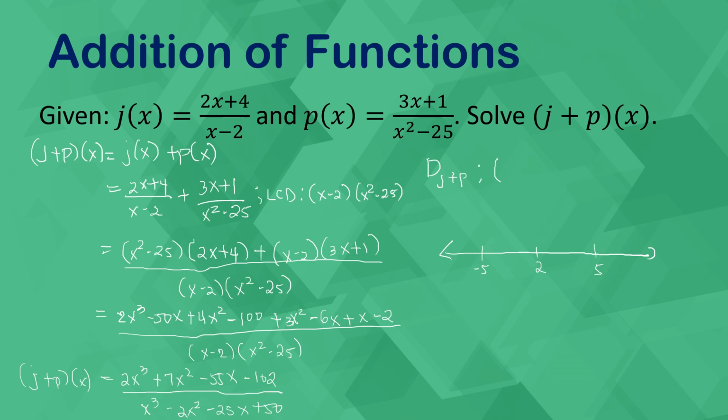So to form the notation: all real numbers less than negative 5, union of negative 5 to 2, and 2 to 5, union of all real numbers greater than 5. So that is the domain of J plus P.